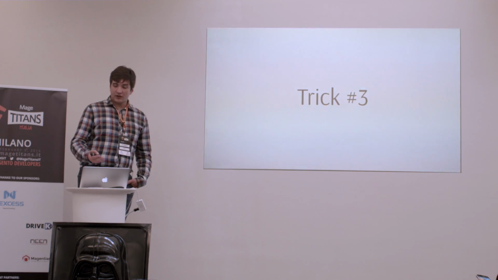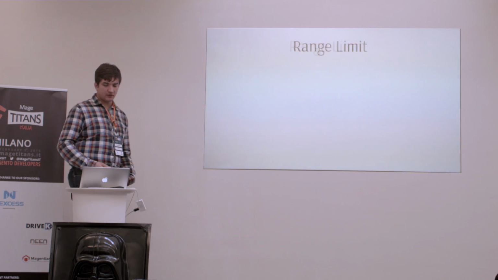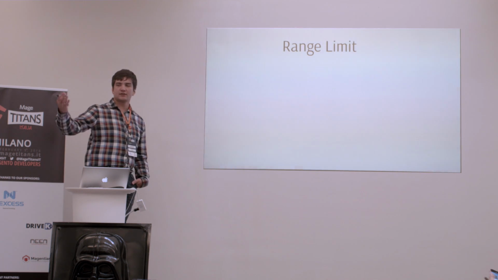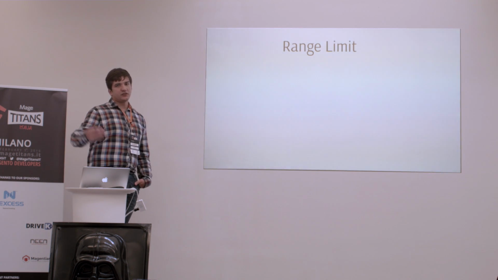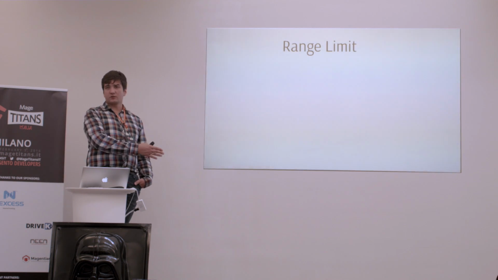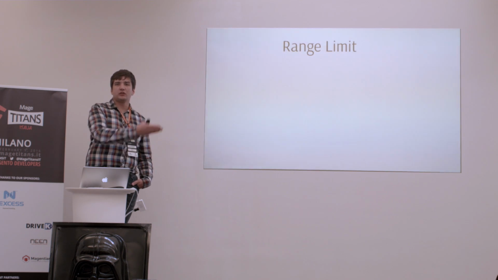And trick number 3. We know about separate queries, but there's also another thing, which is limits. Let's say we have to retrieve a data set of 100,000 records. If we go to the end of the data set, our limit operation will be incredibly slow.